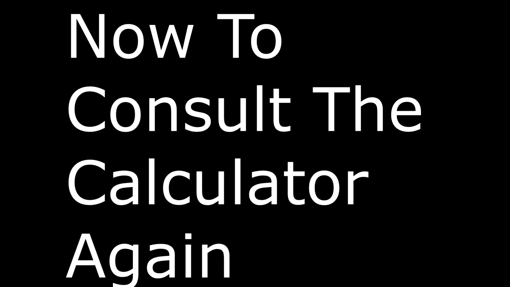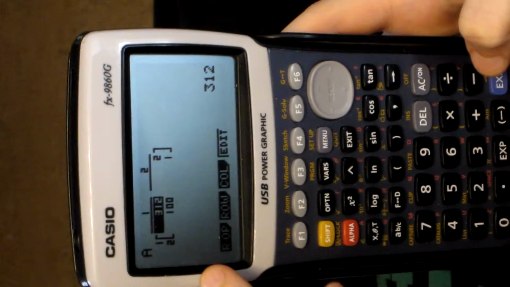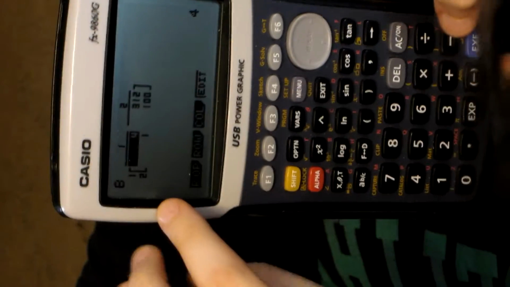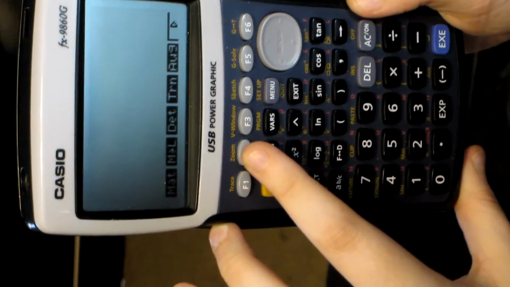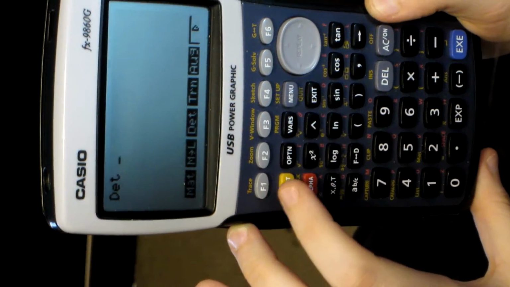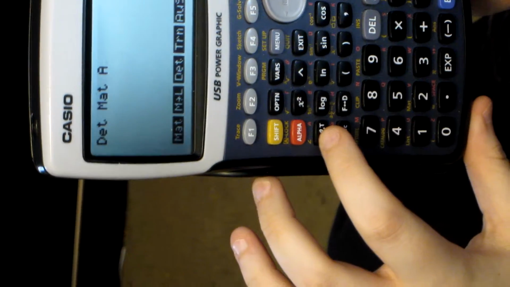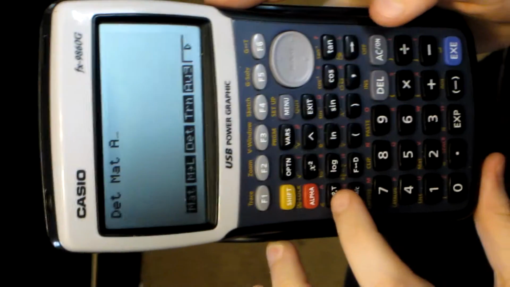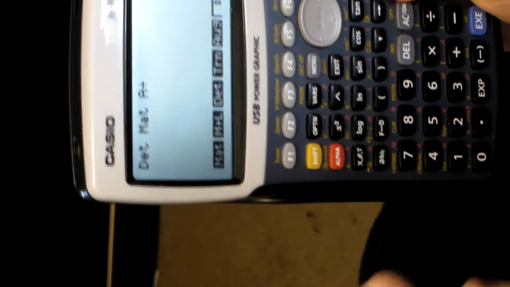We have already pre-programmed the matrices. A is going to be equivalent to C and F and B and E. B is going to be equivalent to A and D and C and F. And E is going to be equivalent to A, D, B, E. Now we're going to press F2 for matrices, press F3 for determinant, shift to alpha for A. Then you take alpha off and press the division sign.